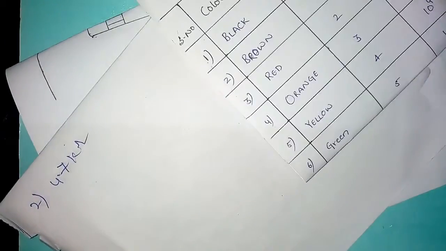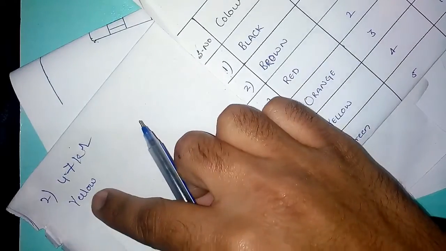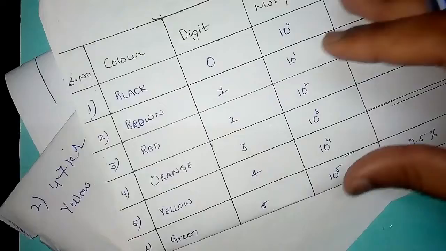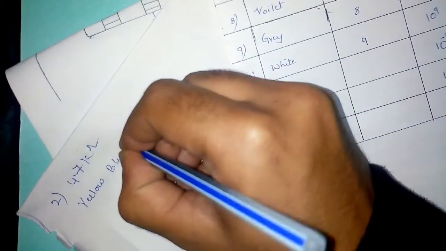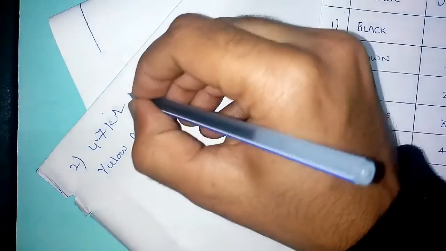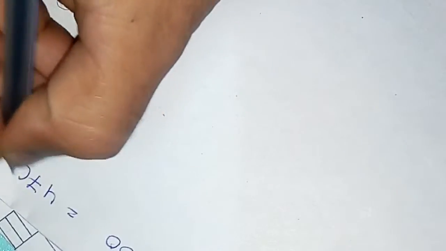So 4 indicates yellow. The colors I'm writing just for clarity, so that you will understand easily. And 7 indicates blue color. Here the question is given like this. If we are solving this 4.7k ohm, we will get 470 ohm.